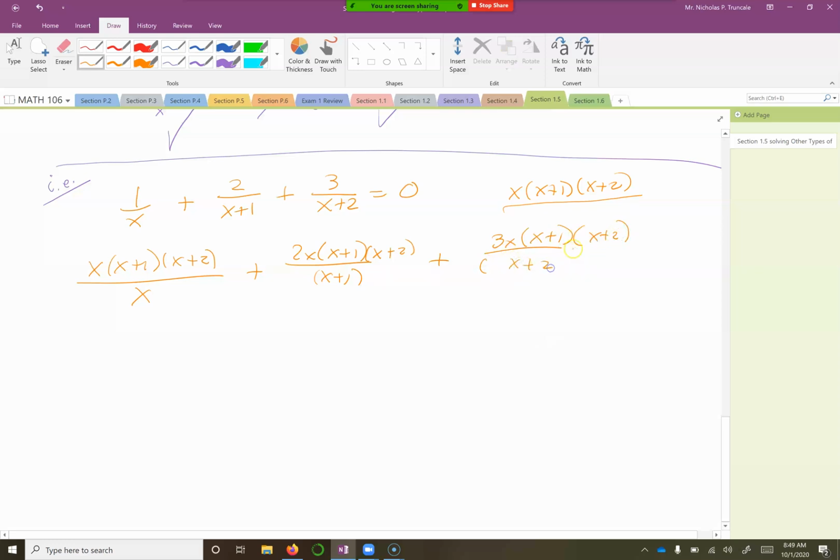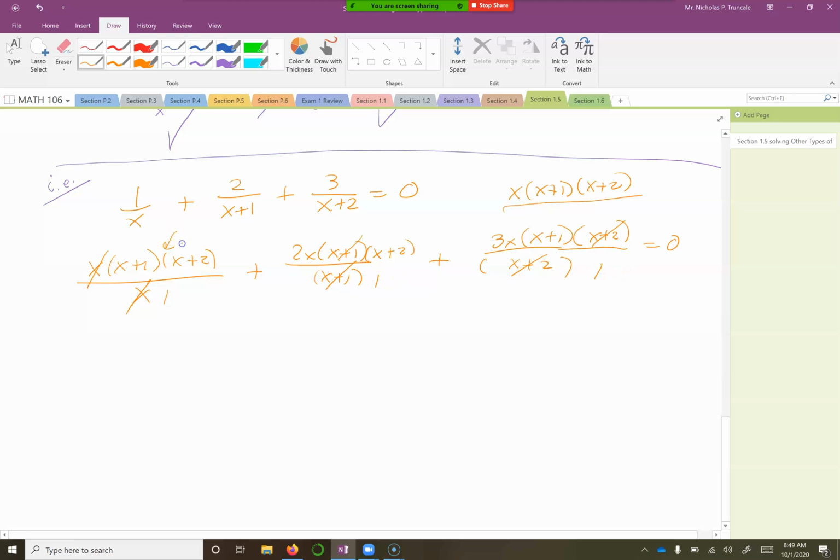So what you're going to see is that things can cancel out. In the first term, the x's go away there. Here we have the x plus 1's going away. And then here we have the x plus 2's. Now, instead of me rewriting this whole thing again, you're seeing that all the denominators are 1. And whatever's left in the numerator is just now my equation.